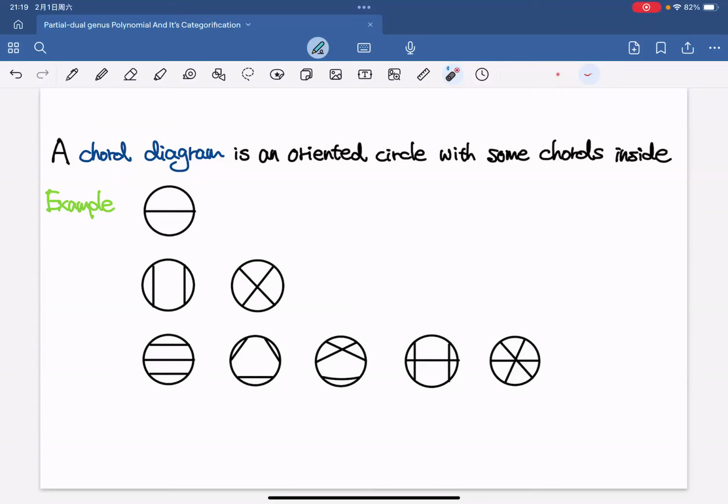This chord diagram has just one chord, this one has 2 chords inside, and this one has 3 chords. Of course, 2 chord diagrams are considered to be the same if one can be taken to the other by some homeomorphism.